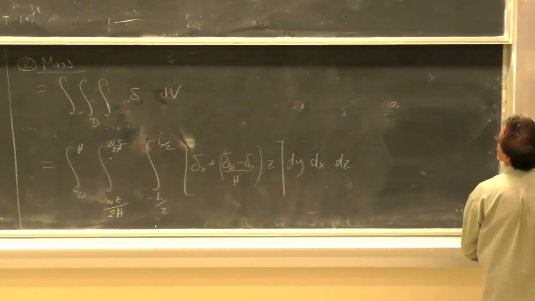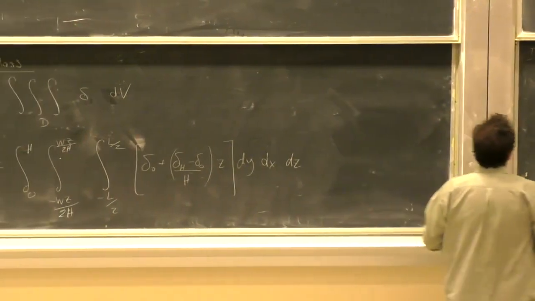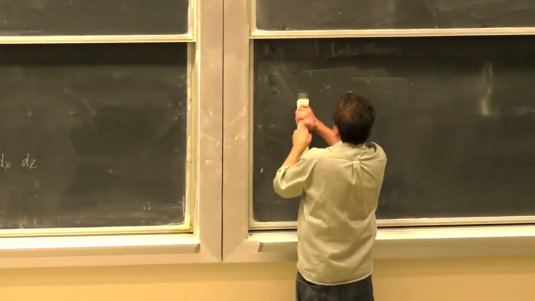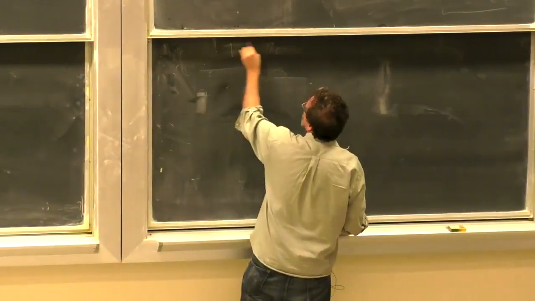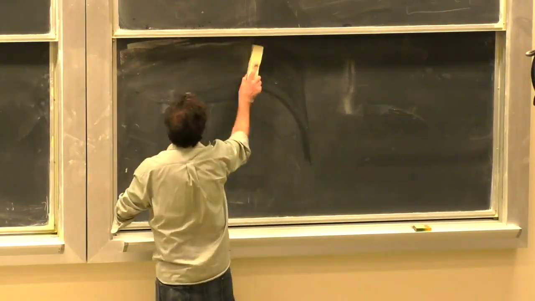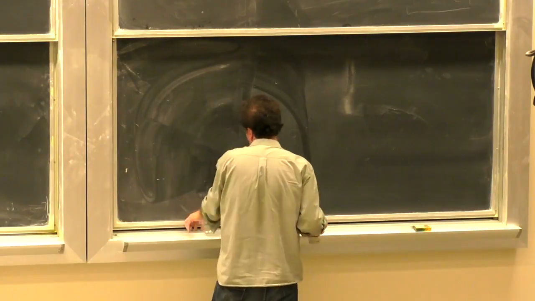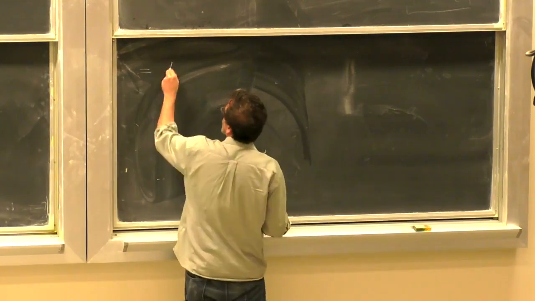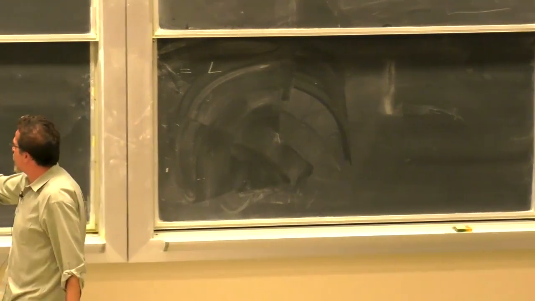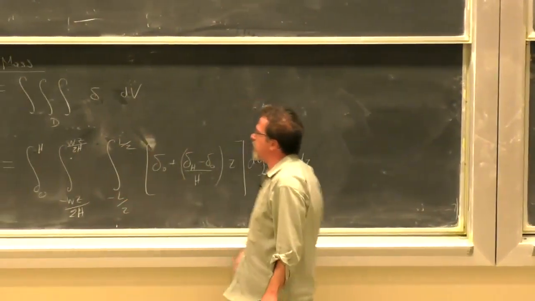Okay? Now, the y integral, again, is trivial in the sense that it just comes out to L. The x integral comes out to x, which is evaluated at the top and the bottom again.